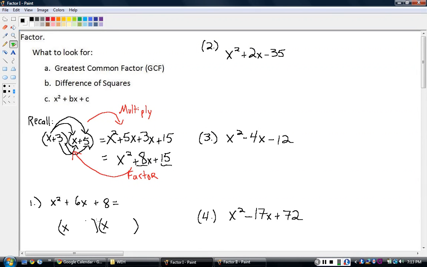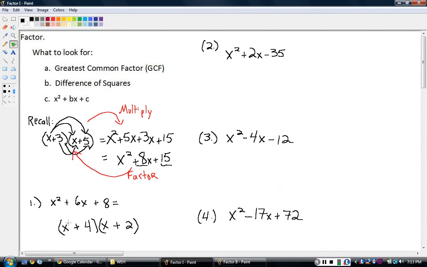And then right here, I just need two numbers that multiply together to give me 8 and add together to give me 6. Well, that should be 4 and 2. Remember, the only numbers that multiply together to give you positive 8 would be 4 and 2, or 8 and 1, both positive or both negative. And those two numbers, 4 and 2, add together to give you 6. And that's it. That's all I've got to do.